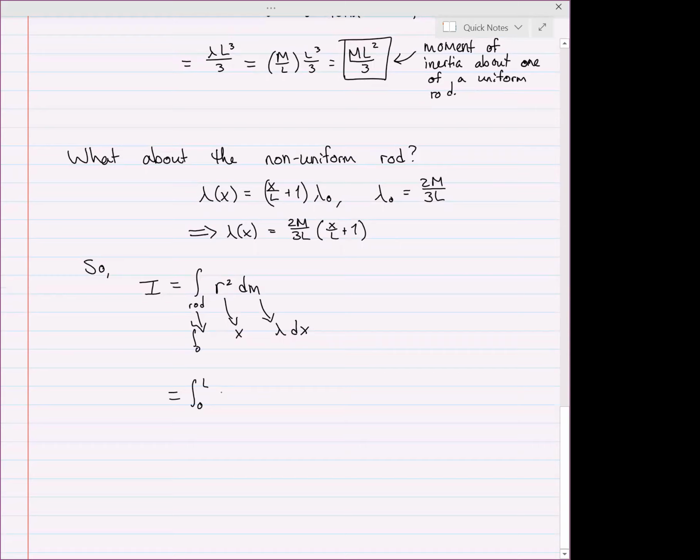Integral from 0 to L of x squared times 2m over 3L, x over L plus 1, dx. I'm not going to step you through the calculation. You all know how to do integrals. But the end result is you get 7/18 ml squared.